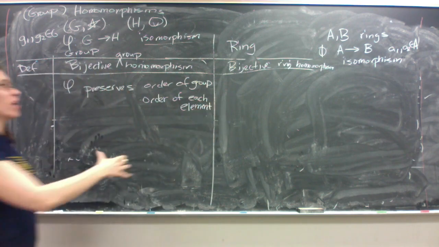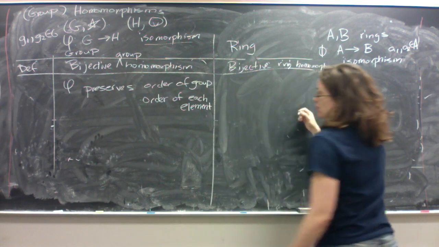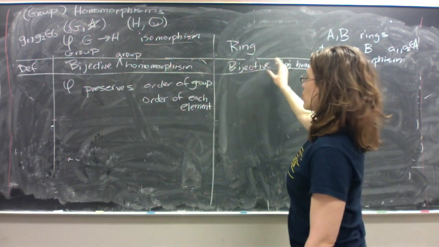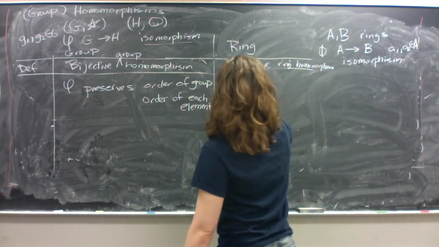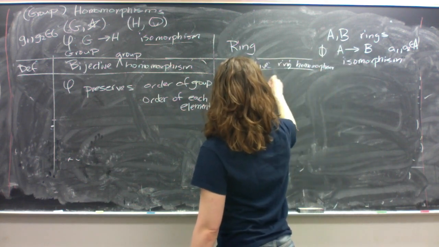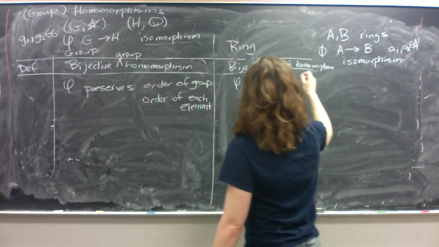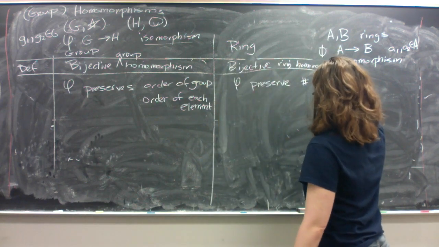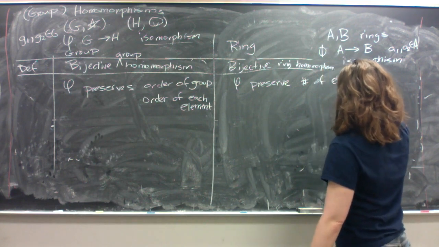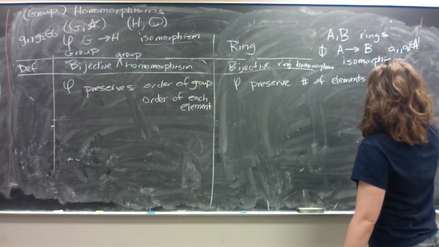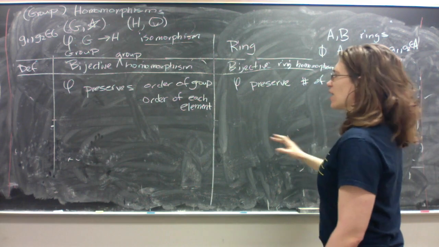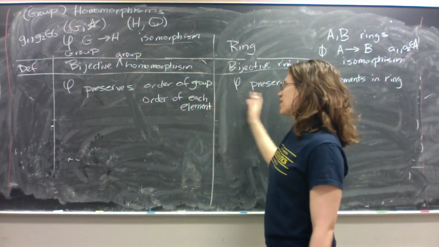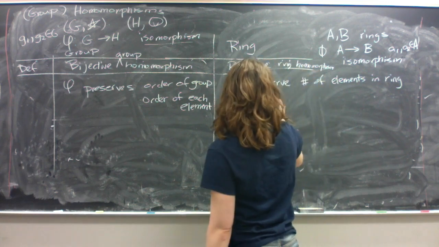And the analogs for ring homomorphisms are that ring homomorphisms have to preserve the number of elements in the ring. And the analog of the order of an element in a group is the characteristic of the ring.